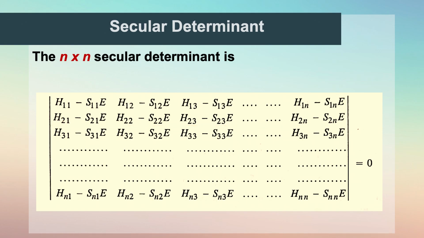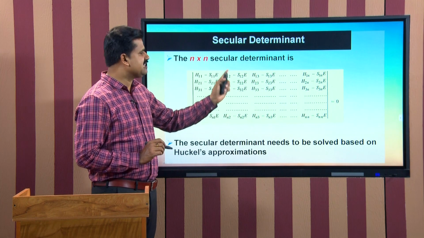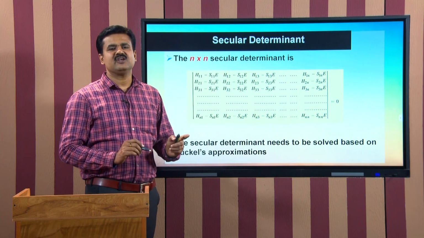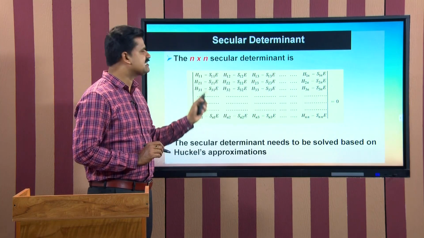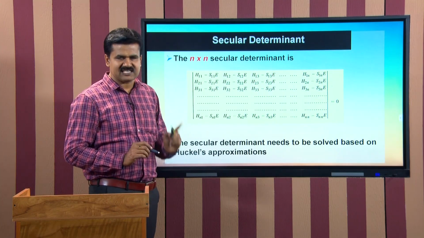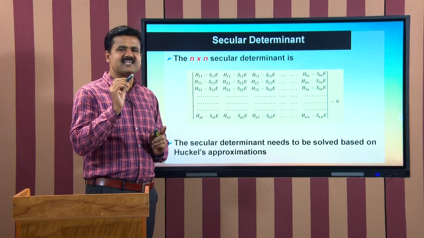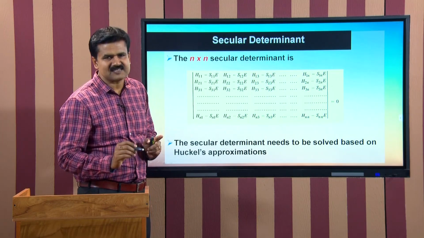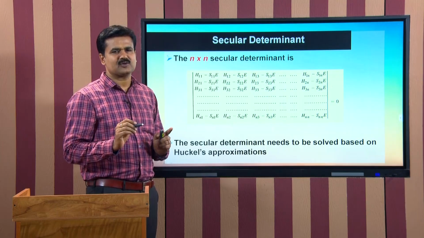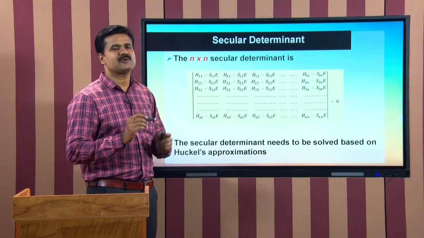Similarly, the last line of this determinant is Hn1 minus Sn1E, Hn2 minus Sn2E, etc., and the last element is Hnn minus SnnE. This determinant is set equal to 0, and this is the n by n secular determinant, where n represents the number of pi electrons present in the system. If we have n pi electrons, we have to set an n by n secular determinant.